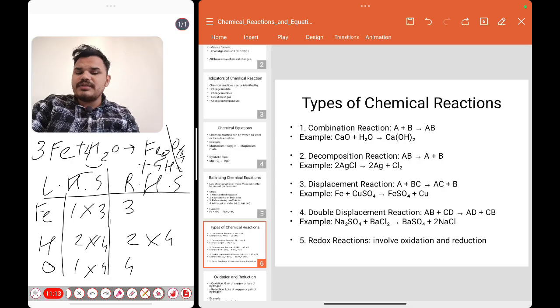After that the third one, that is the displacement. Displacement is nothing but whenever we have a compound and a single element, in case of the third reaction, that is A plus BC. If A is more reactive than B, so automatically A takes the position of B, and therefore you will get AC plus B. In that example, if you check, that is Fe plus CuSO4.